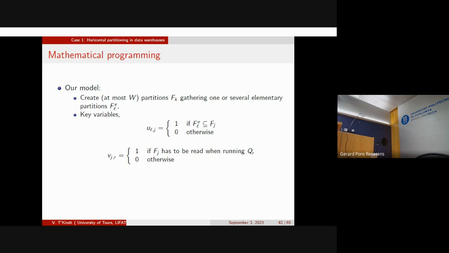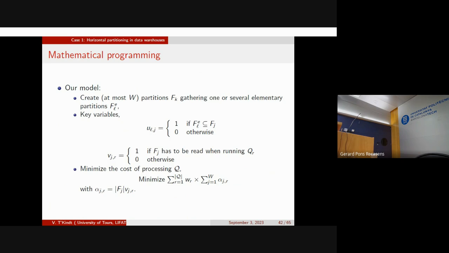We also have VGR equal to 1 if the G partition I create has to be read when I read query QR. This is derived from that for sure, but it is also a variable that I need. And what I want to do is minimize the cost of processing my set of queries.